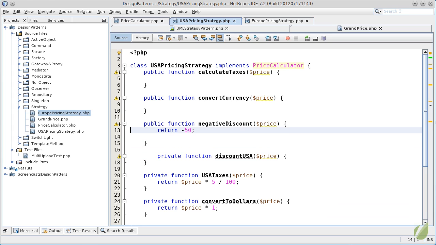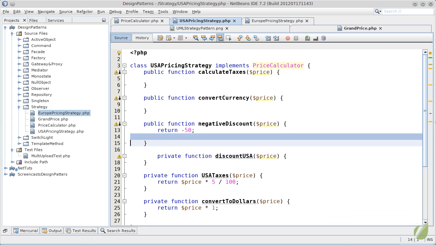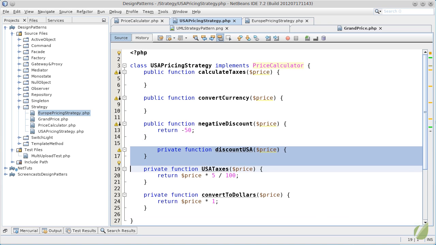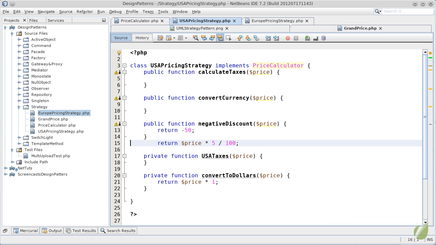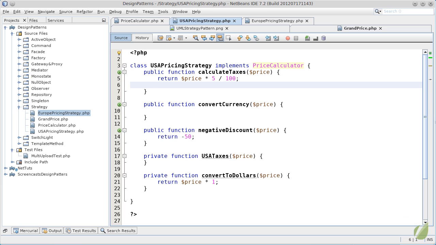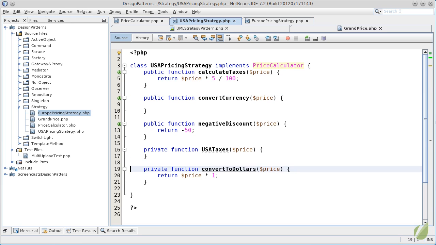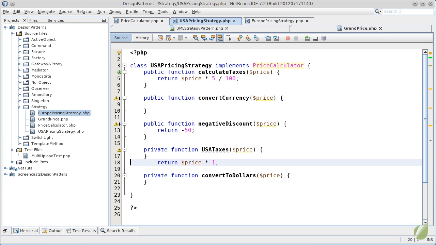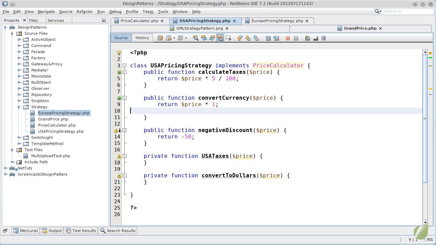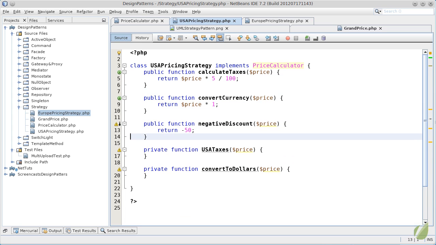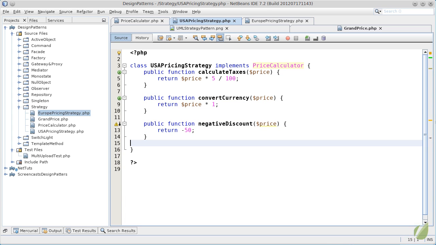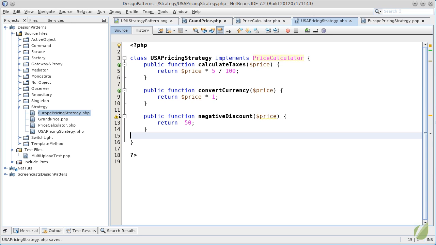Discount goes to negative discount. Taxes go to calculate taxes. And convert to dollars go to convert currency. We delete the old methods and we have a second class with a second strategy doing all the stuff.